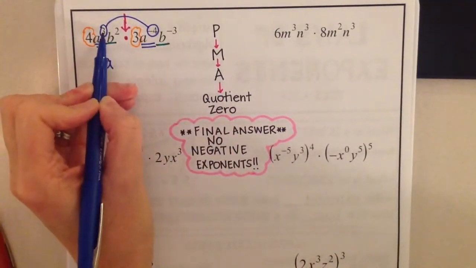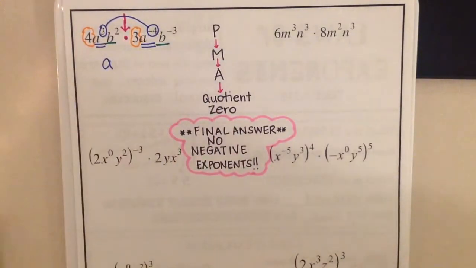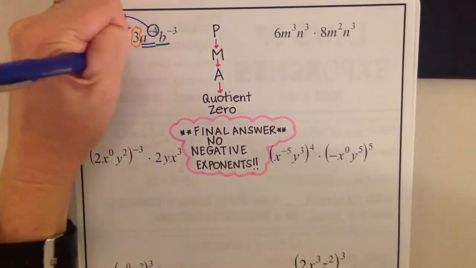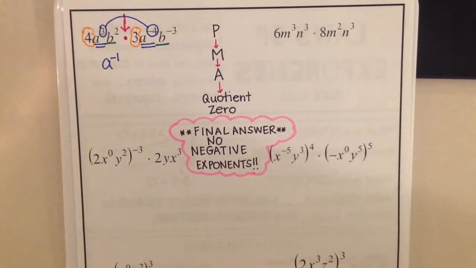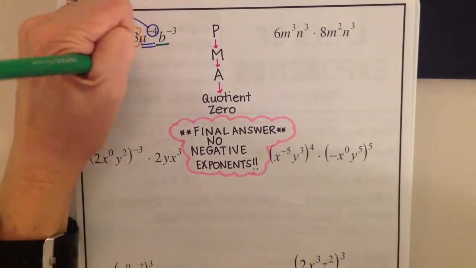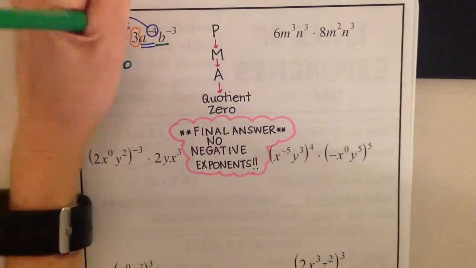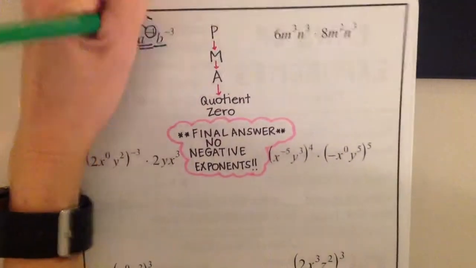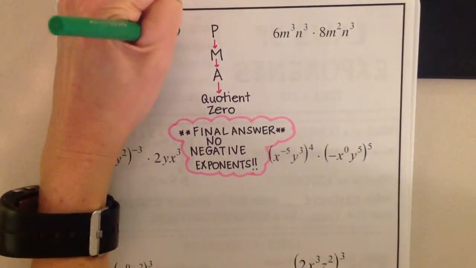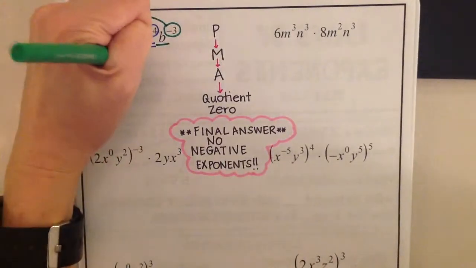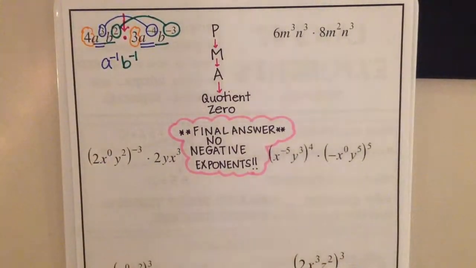So what do I get when I add 3 plus a negative 4, or 3 minus 4? You are going to get a negative 1. Okay, next base, B. All right, so let's see what my two bases are. I've got an exponent of 2, and now I've got an exponent of negative 3. All right, so that's going to give me an exponent of negative 1.